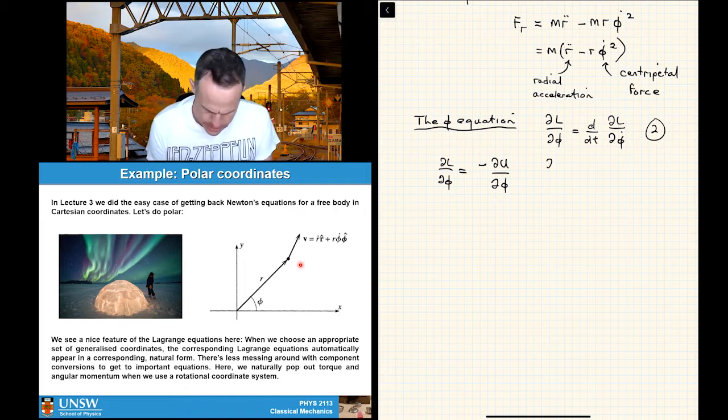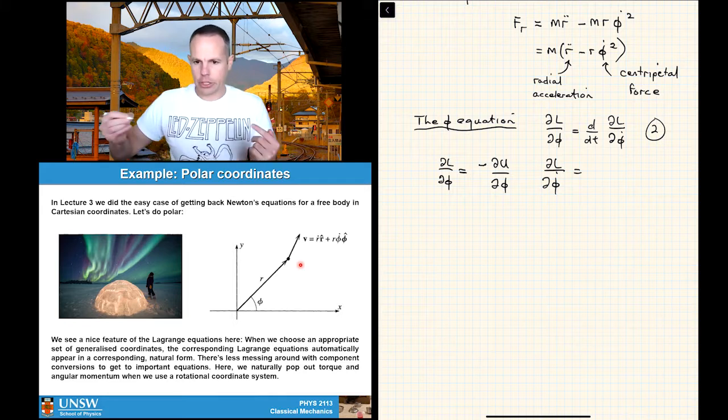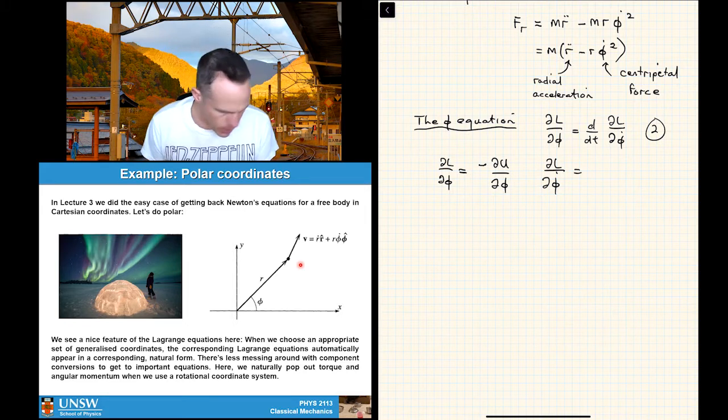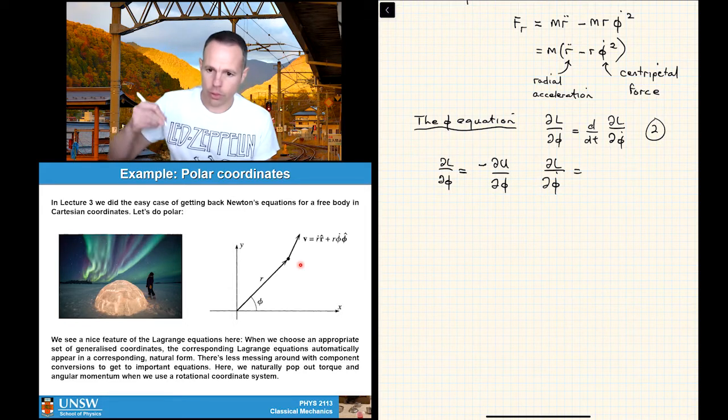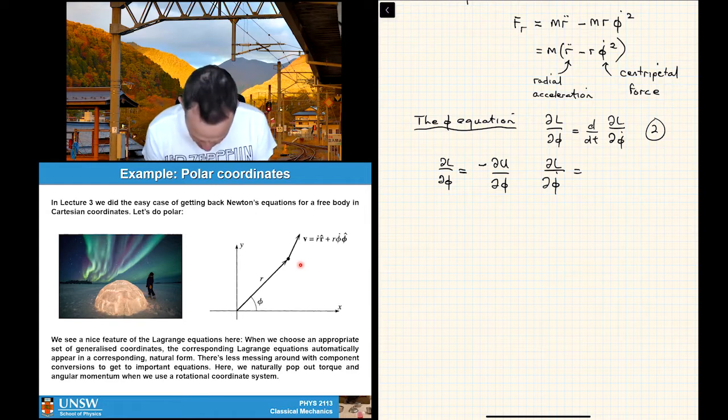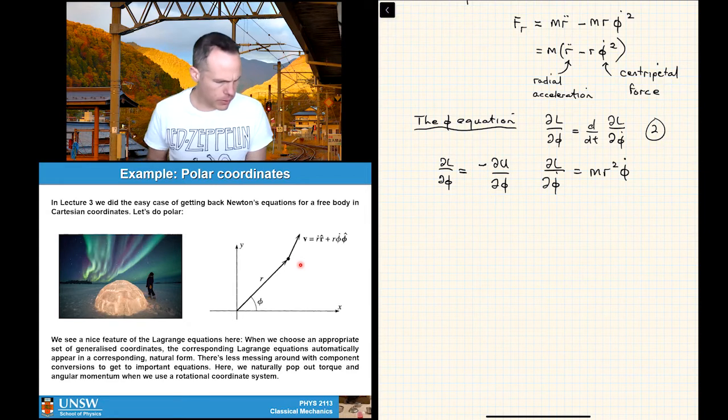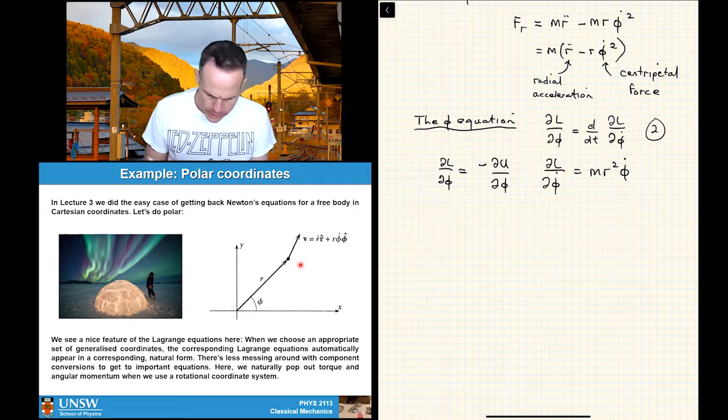And then dL/dφ dot will come from the kinetic energy term. It'll drop down the same way. The square on the phi dot will kill the half. We keep our r squared, and we end up with m r squared phi dot, okay? All right, so now we can package this back up into 2.